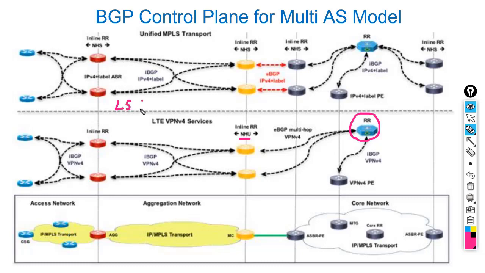And in order to establish an end-to-end LSP from AGG to PE router, we will use BGP IPv4 label unicast on the link between ASPR and metro core and within each domain. The third note is that the next hop for the VPN prefix from CSG to the core network will be the loopback address on AGG, not the address of the CSG.